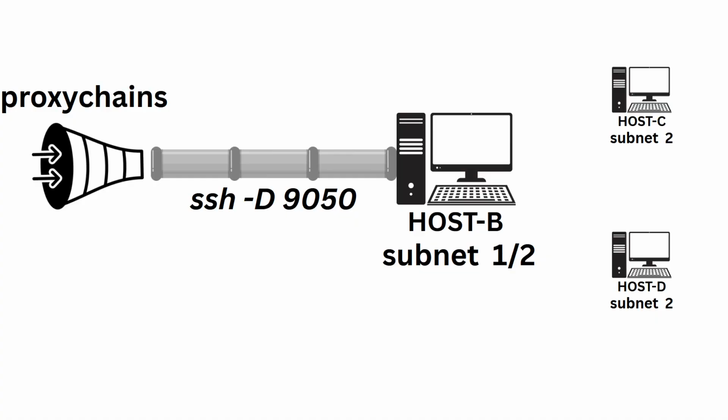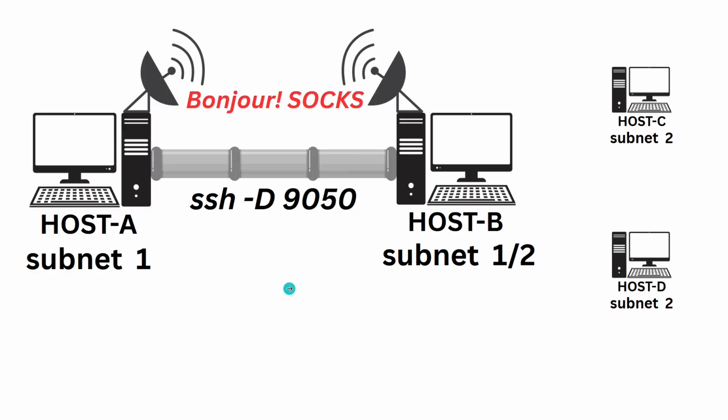Proxychains is the funnel that forces data into the SSH pipe, and SOCKS is the protocol or language that the two computers use to communicate forwarding instructions, such as where to send the data once it reaches the intermediary host, which is host B in this picture.